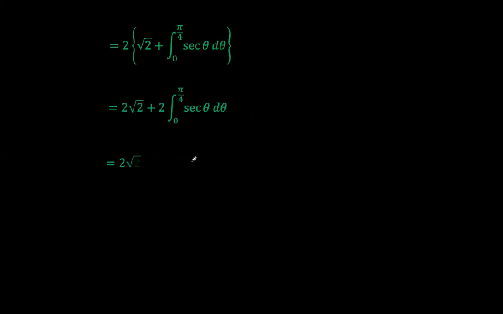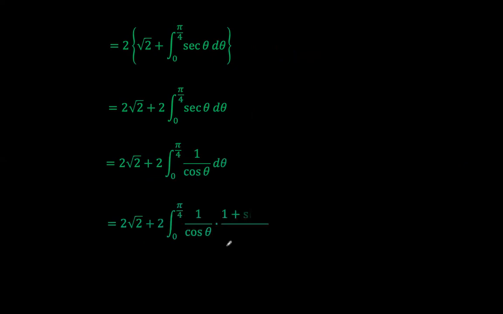And so we're left with a very interesting integral, which is the integral of sec theta. And here we're going to have to play some acrobatics, right? So sec theta is the same as 1 over cosine theta. What we can do is multiply the denominator and the numerator by 1 plus sine theta, because when you look at this, you can cancel this and still be left with 1.